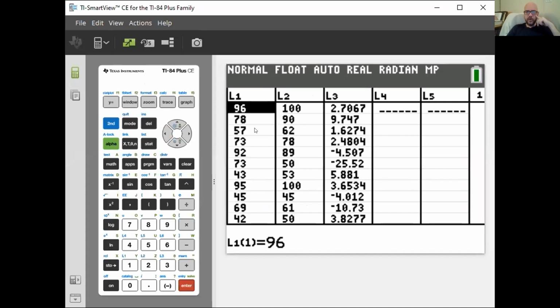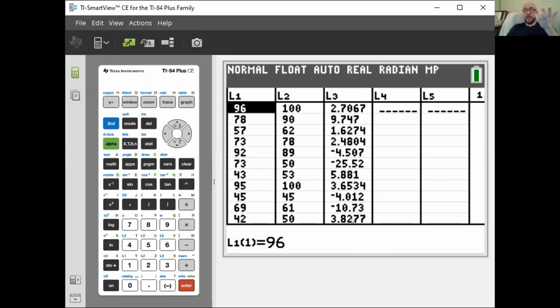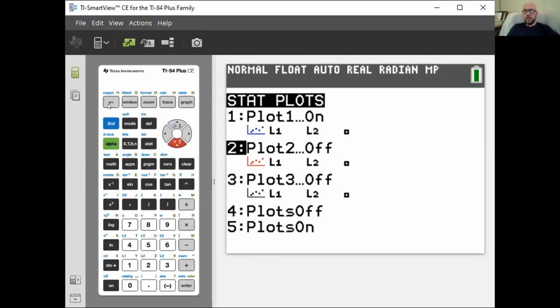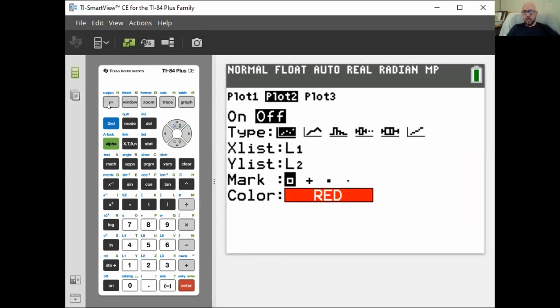They're in L3 over here, and we can test to see if these are normally distributed by making a QQ plot. That's how we do that test. So let's go to stat plot. Number 2 is going to be a QQ plot, and we're going to make it of L3. Data list is L3.